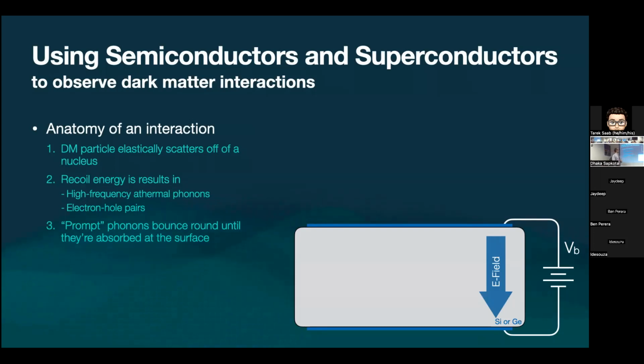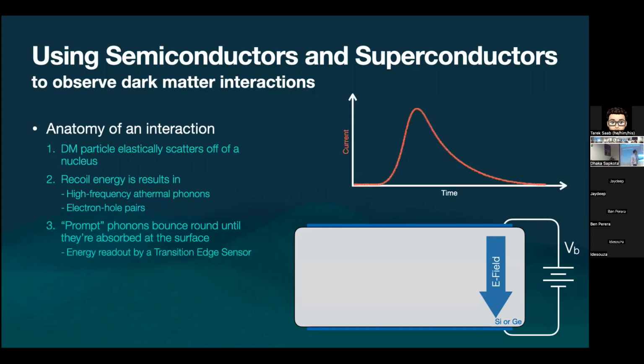How do you actually measure the event that happens? In the animation I showed you, phonons are bouncing around. They are carrying energy with them. They are absorbed at the surface in a thin layer called a transition sensor. In our case, we make it out of tungsten, but it could be any superconducting material.